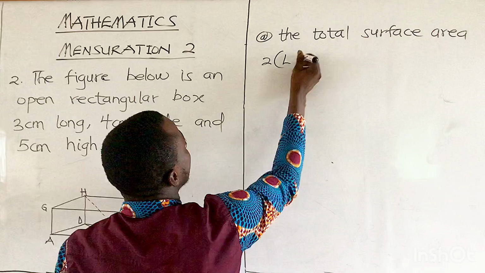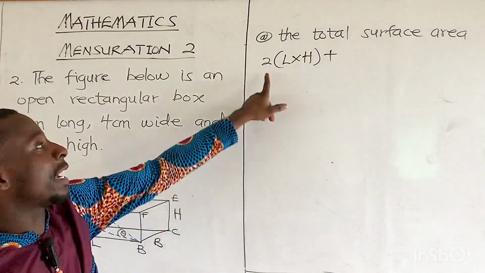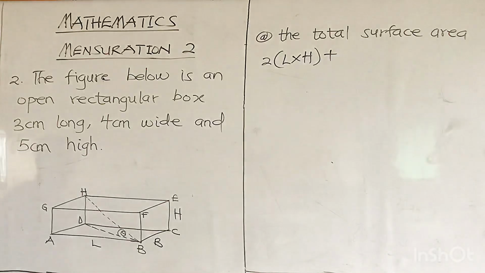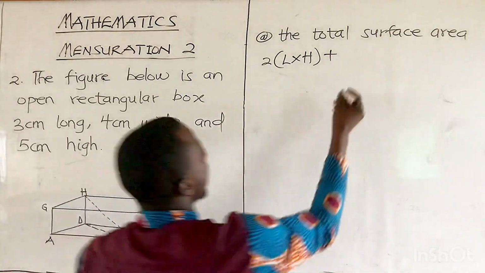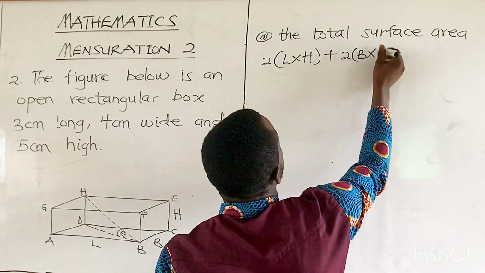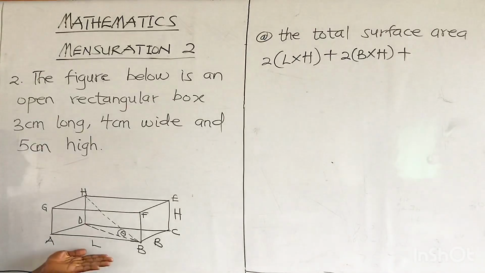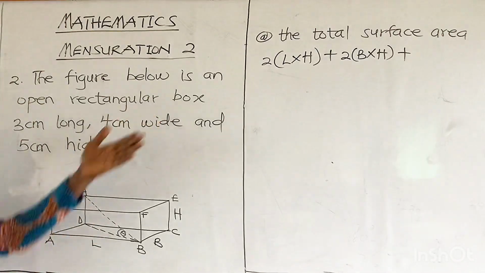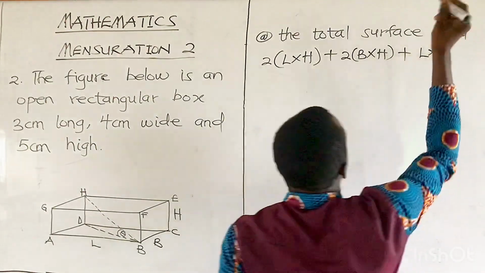So we have L times H, and you're going to multiply it by 2. Then again, this side and this side are also available. So we have 2 multiplying the breadth times the height, plus then the base is available. So it's only the base that you are going to add to it. So we have length times the breadth.